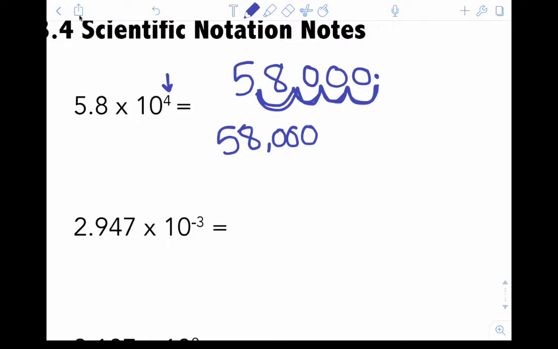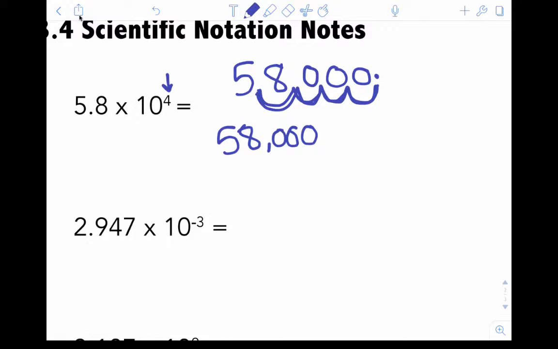All right, so let's talk about how we can figure this out without physically moving the decimal point like that. If I see my exponent is 4, I know that it's going to be moved 4 spots, and it's positive, so it's going to move to the right.